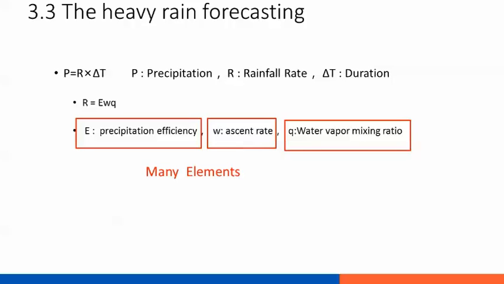The description of physical processes is important. In addition, short-time heavy precipitation can occur without obvious external forcing, as a small-scale rainstorm. Therefore, the uncertainty of model forecast is much higher.